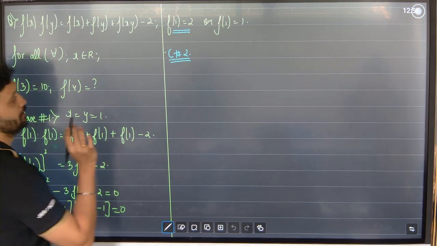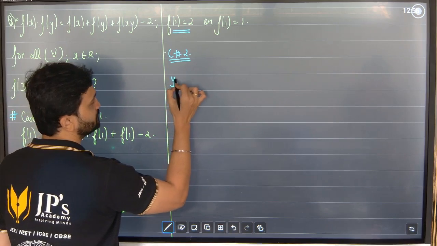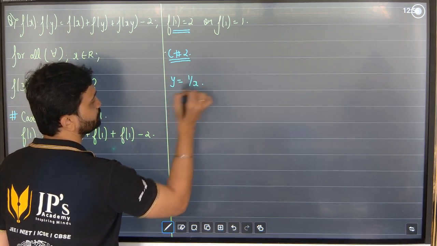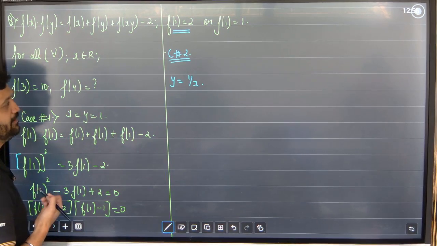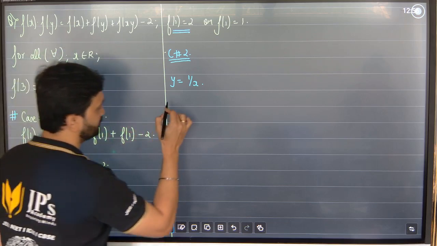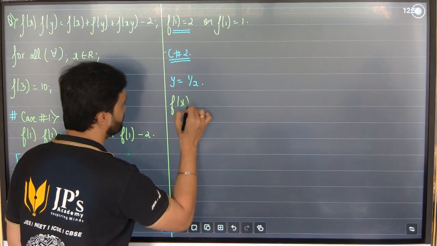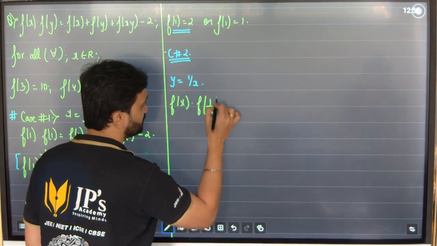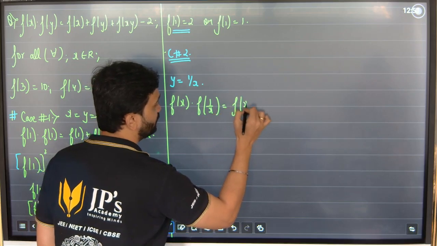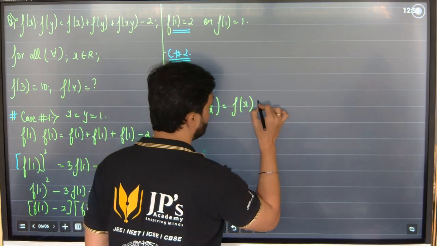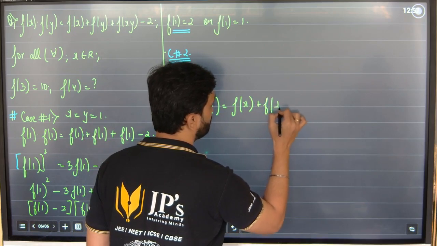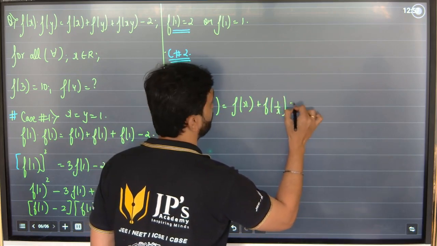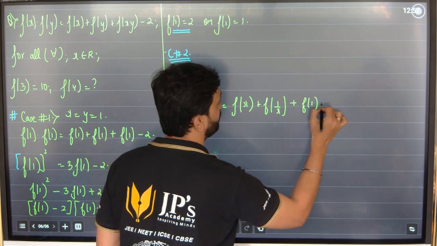So what I am going to do is, I'll take y is equal to 1 upon x. If I take y is equal to 1 upon x, this will become f of x into f of 1 by x is equal to f of x plus f of 1 by x plus f of 1 minus 2.